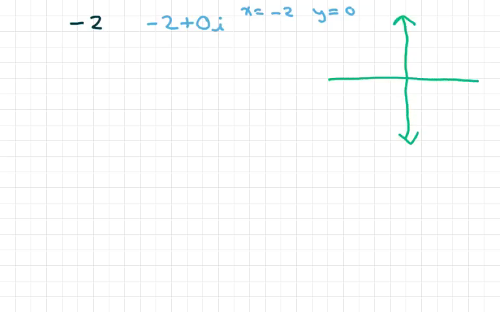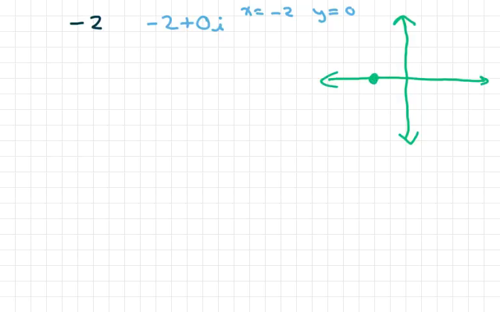Now this one we just have a negative 2. So basically if you want to write this, it's really negative 2 plus 0i. So my x is negative 2 and my y is 0. I'm going to go ahead and kind of plot this. So my x is negative 2.